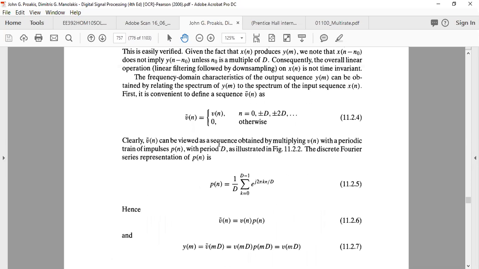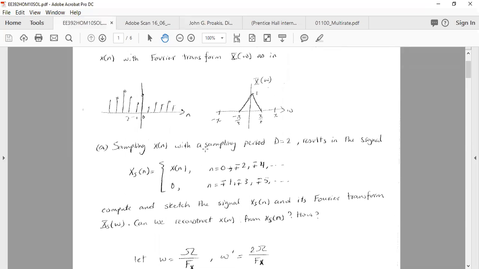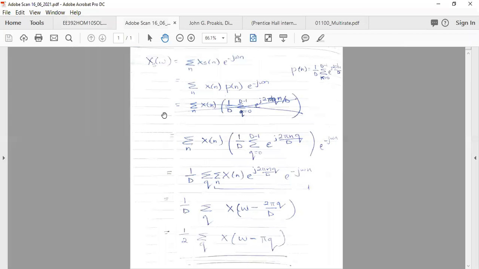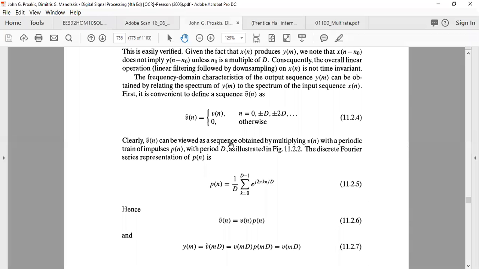So if we go back over here, based on the question that we have, you can see this particular sample signal x of n has a value when n is equal to an even value, and when n is equal to an odd value, it is basically 0. So you can link it to this particular signal over here.